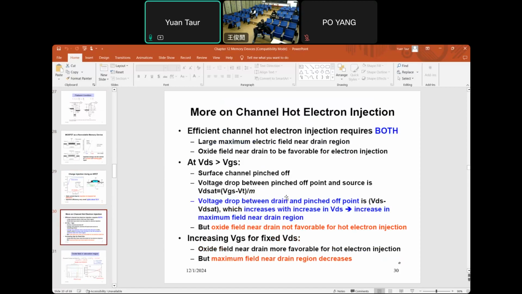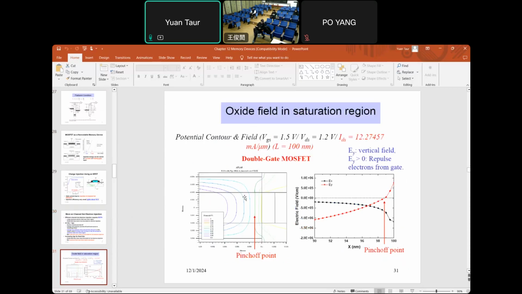But once you do that, the oxide field is no longer favorable for electron to go from the channel into the gate. This can be explained by the next few charts.